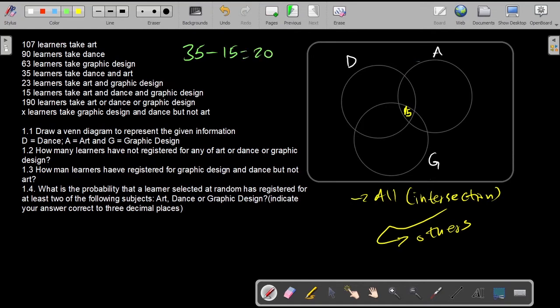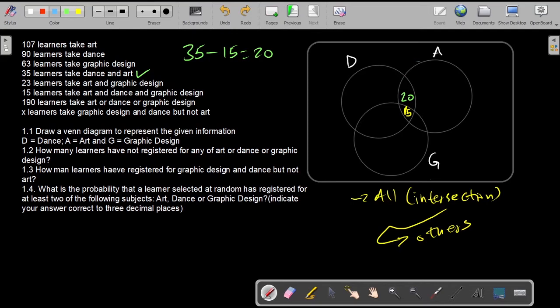So you have to input 20 in here so that the sum is indeed 35, so that the sum of D and A is 35. Moving on, we've done this one. The next one says art and graphic design, you have 23 over there. And we have to do the same thing. We just have to look at where we have art and graphic design.